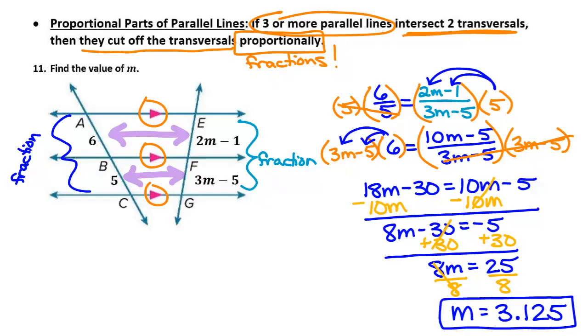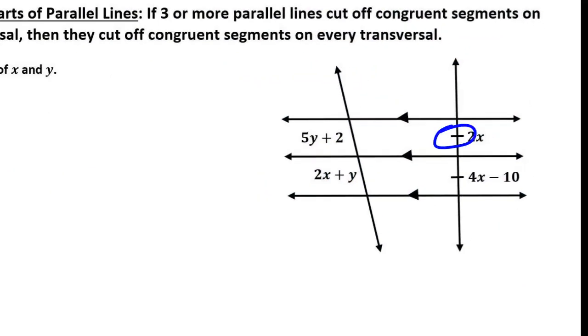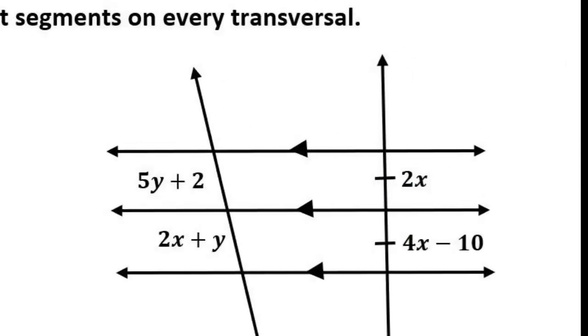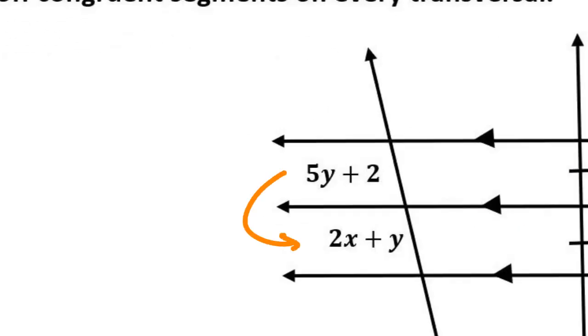All right. Let's check out number 12 real quick. I just want to look at it for just a moment. What does this mean? It means they're congruent, right? If they're congruent, then we're going to set them equal. Same thing over here. These would also be congruent, even though they're not marked.